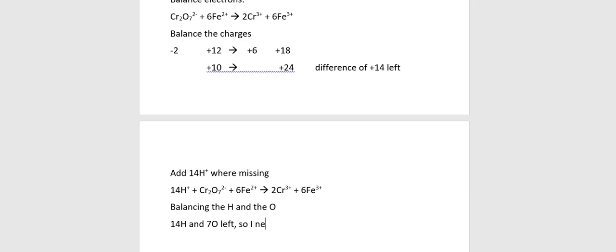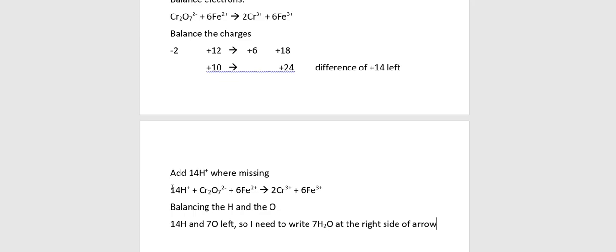So I need to write 7 water molecules at the right side of the arrow.